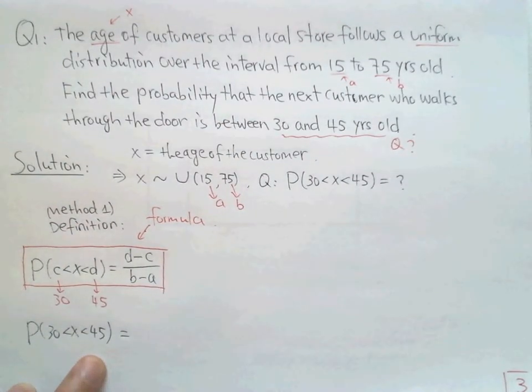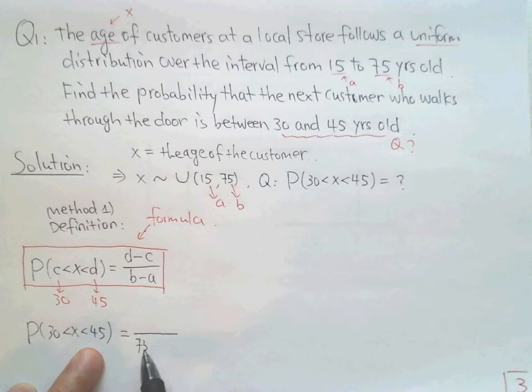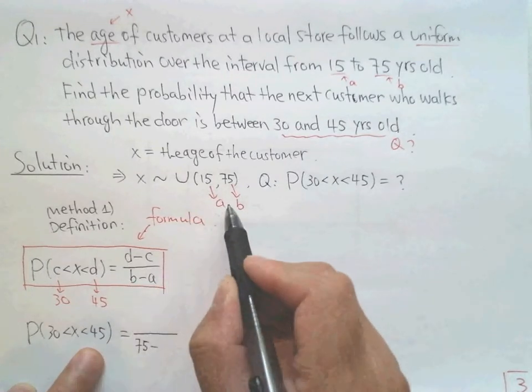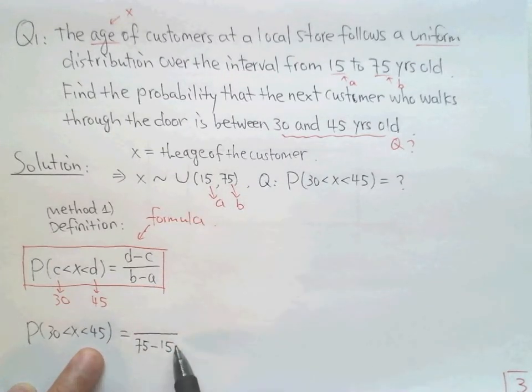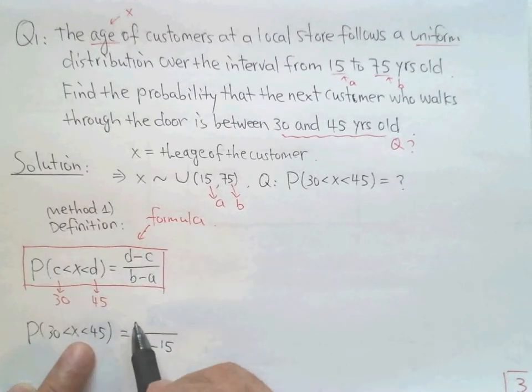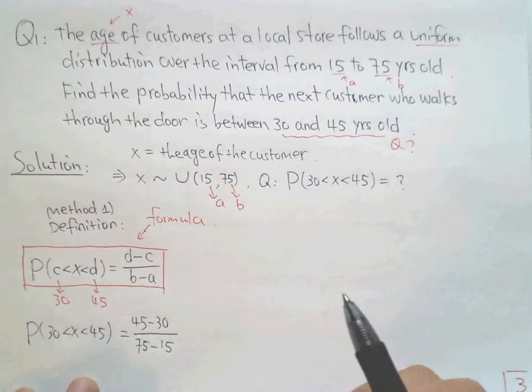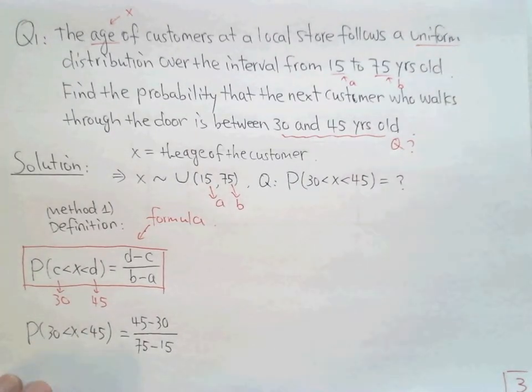So I plug into the formula and see what I can get. The bottom is B 75 minus A 15. The top is D minus C, 45 minus 30. Yeah, it's easy, right?